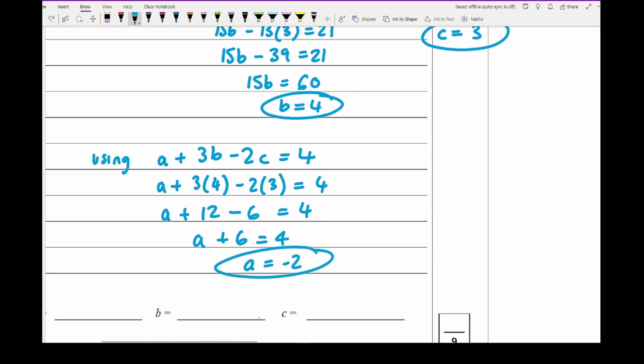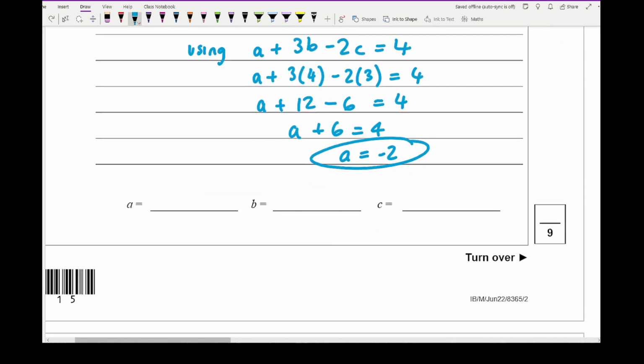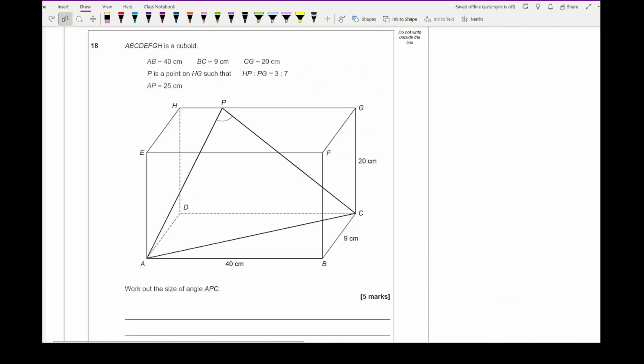And so my values of a, b and c are going to be minus 2, 4, and 3.